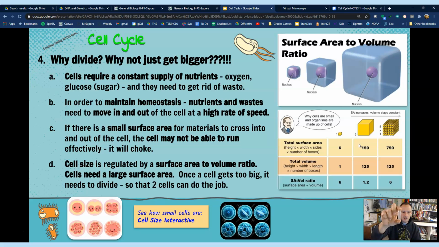So the surface area is really high on this. And if there are oxygen molecules that need to get through to the middle of this thing, and carbon dioxide needs to get out, they can move back and forth, and they have a lot of places to get to and move from all around it. Now, if I get something bigger, the surface area to volume ratio starts to change.